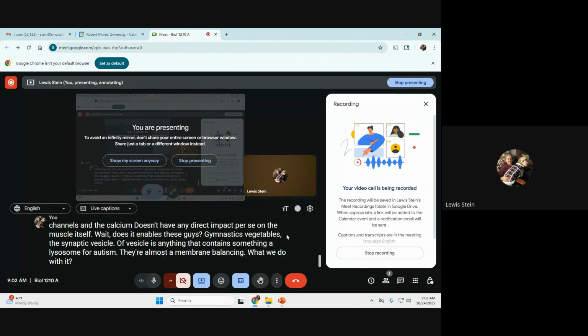Synaptic means it's released into this space, which is called a synapse. When nerve meets nerve or nerve meets muscle, that's what we call a synapse. This particular one is unique because it's a motor nerve and a muscle coming together. It's called the neuromuscular junction. So it's unique in that regard.